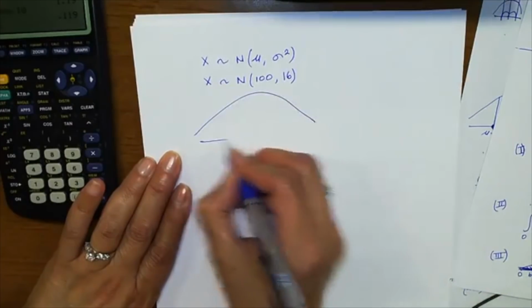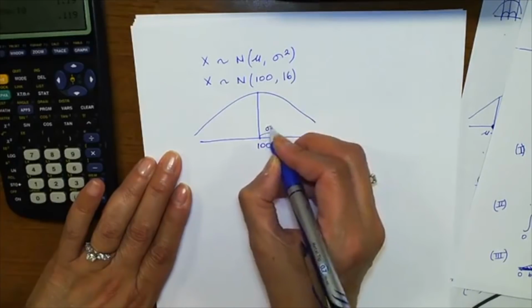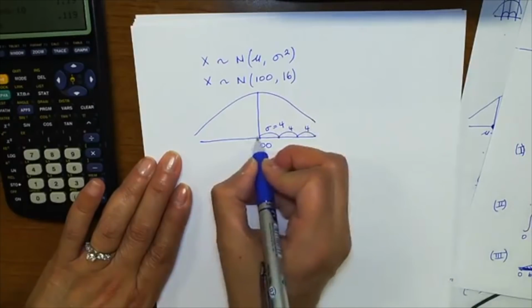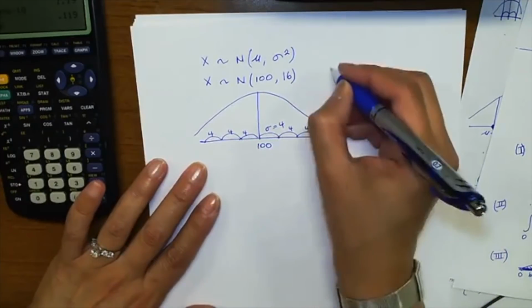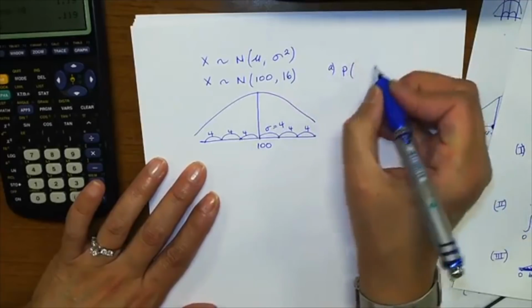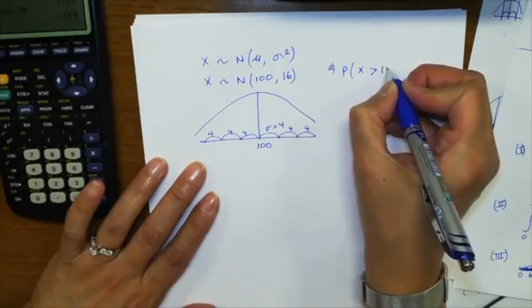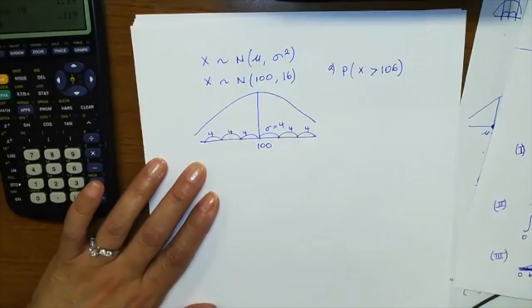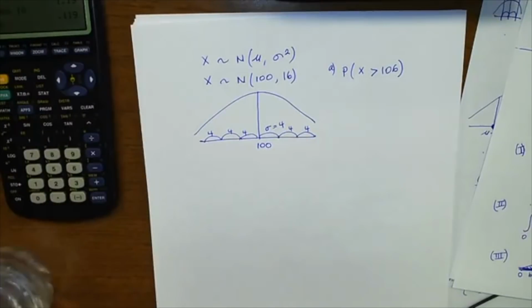So this sigma is 4, so 4, 4, 4 on each side. Let's say the first question says, find the probability that x is greater than 106. So how should I do this problem?